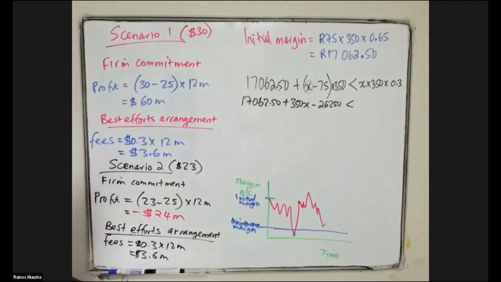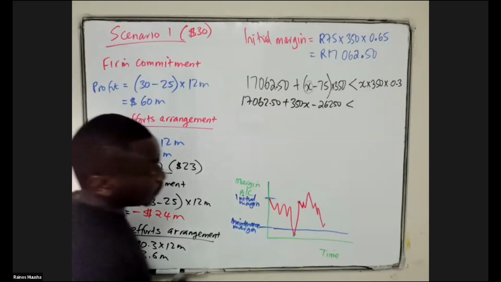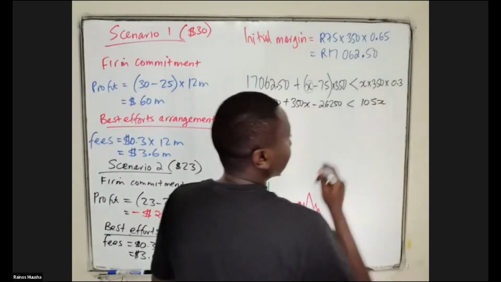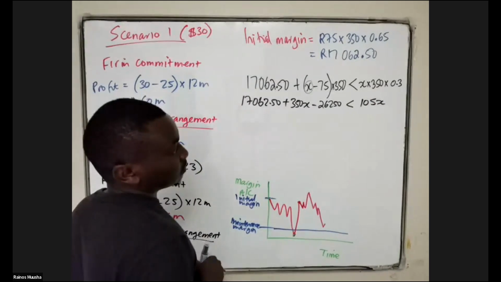How much do you get? 105. So it will be 105X, isn't it? Remember, it's being multiplied by X.